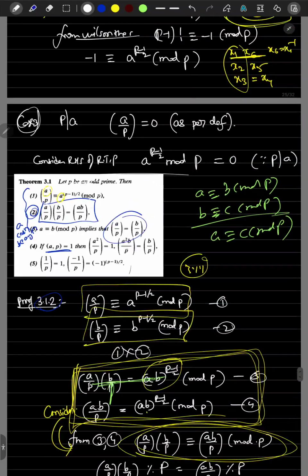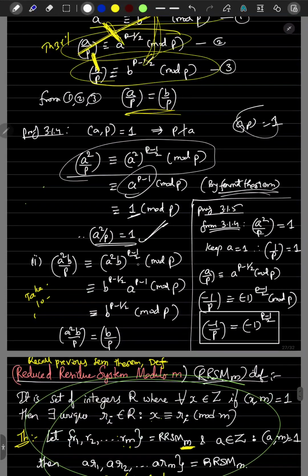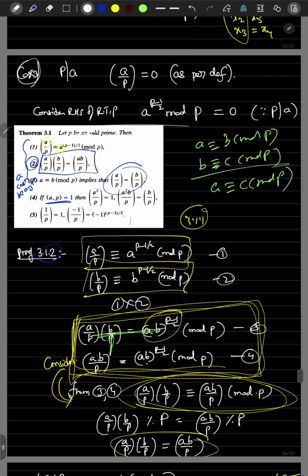Again similarly, this also, A squared by P means what? Again the same story. You substitute here, A becomes A to the power P minus 1, by Fermat's theorem, and this is nothing but B by P. Okay. And for the last theorem, if you keep 1 by P here, what will you get?